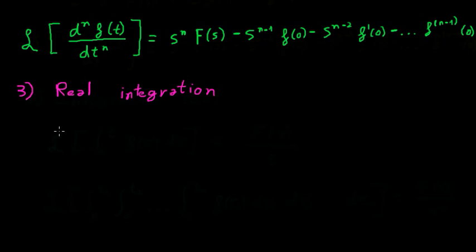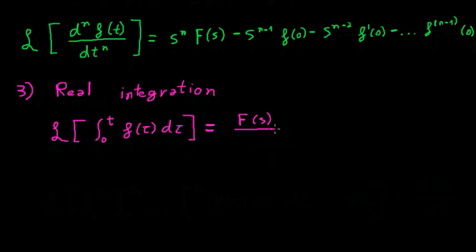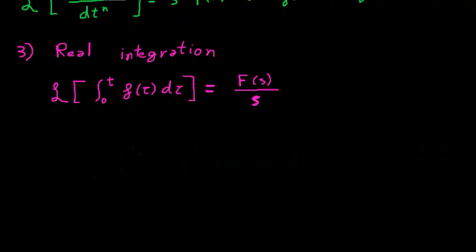So if f of t again has a Laplace transform, the Laplace transform of the integral from 0 to t of f of tau d tau is equal to, most of you have probably guessed, F of s divided by s. So in integration, instead of multiplication we get division, but it's the same principle.